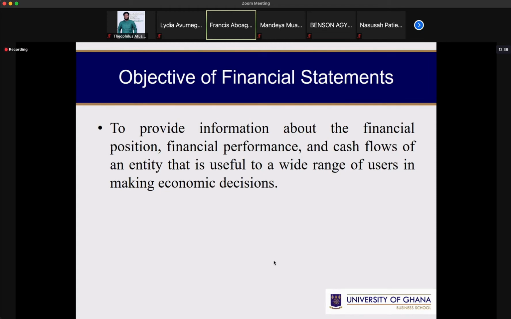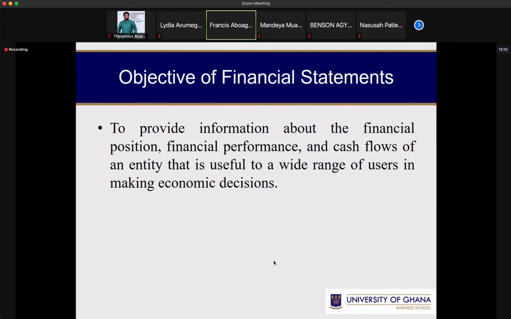In the financial position, we're looking at the assets, liabilities, and equity. Then it will also provide information about the financial performance, i.e., the revenues that were earned, the expenses that were incurred. Then it will also show the cash flows of that entity. So here we're looking at revenue generation, cash flow generation, and cash flow usage.